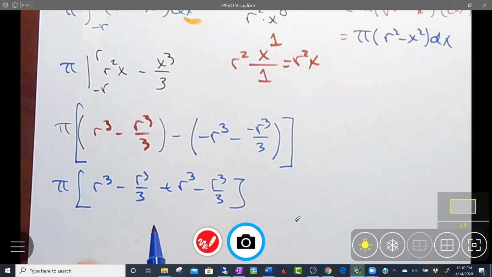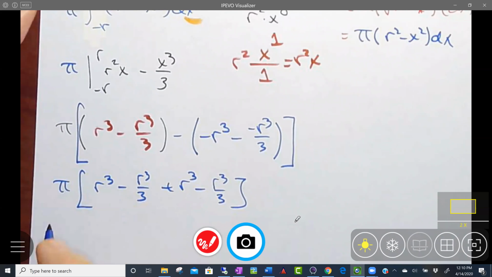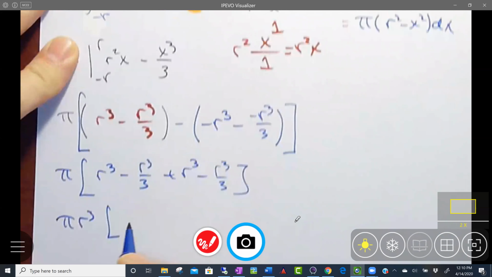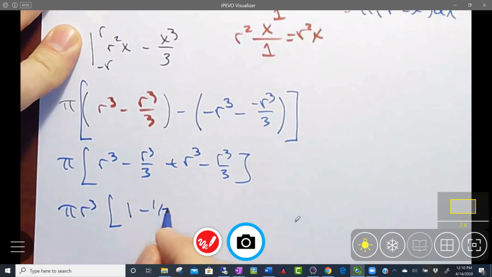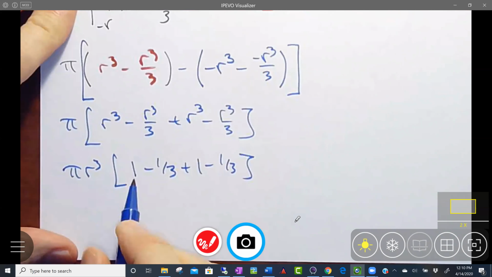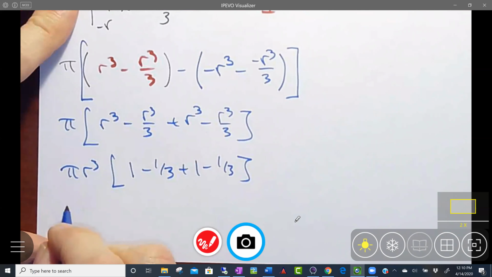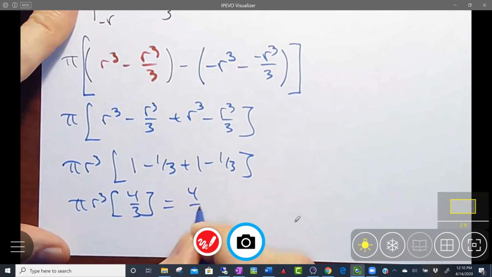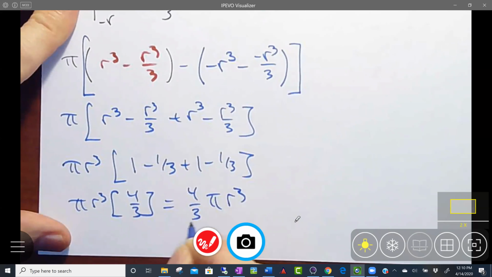It's getting a little bit messy. So how about if I factor out the r cubed from everything? Pi times r cubed times 1 minus 1/3 plus 1 minus 1/3 again. Any guesses as to what that equals? 4/3. In other words, 4/3 pi r cubed.